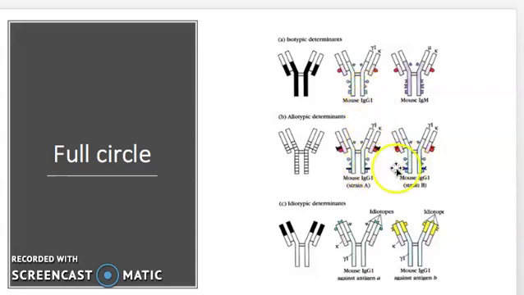So they have the same major, but they have different minor. And the idiotopic difference will be in the variable region, in the Fab region, and it's really determined by the idiotope, and that's in the same species. And that's basically all I have to go over, and thank you.